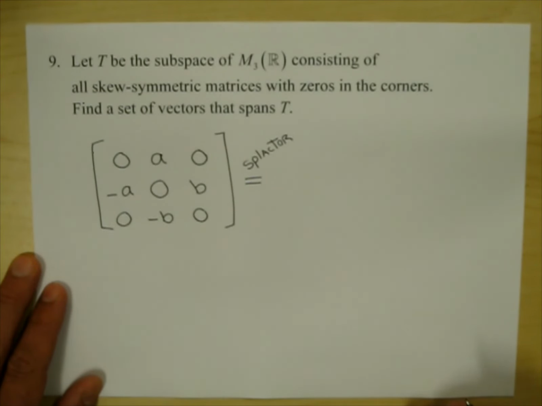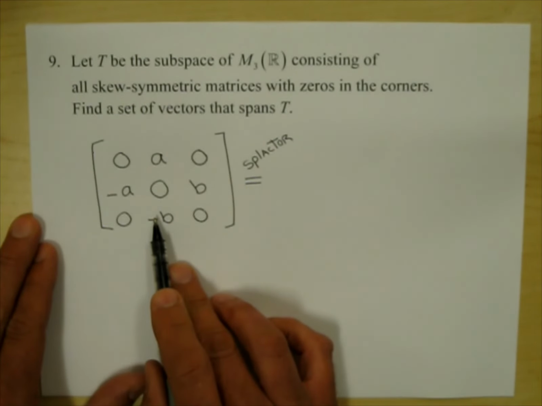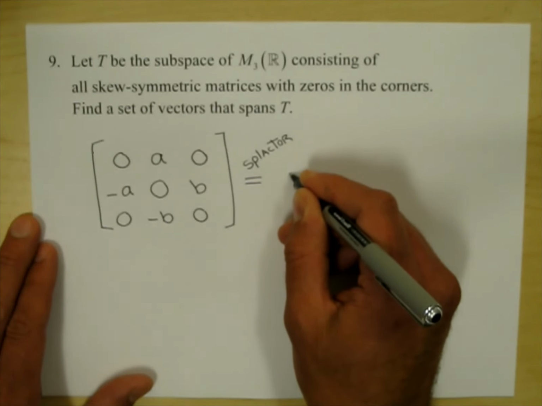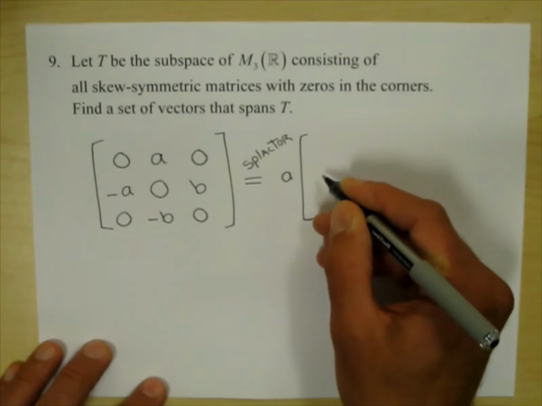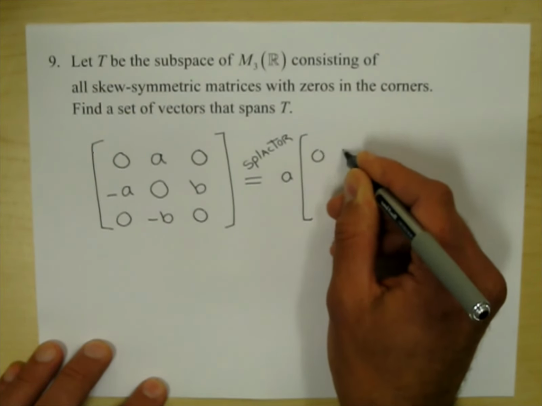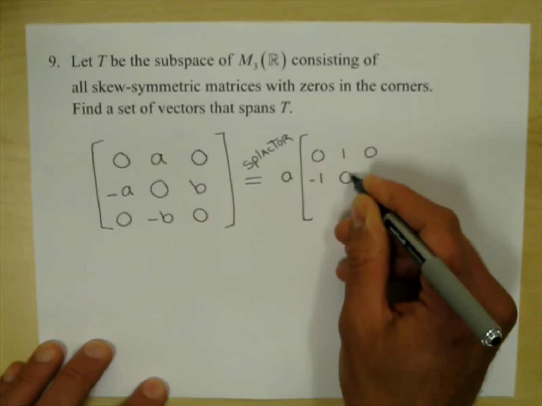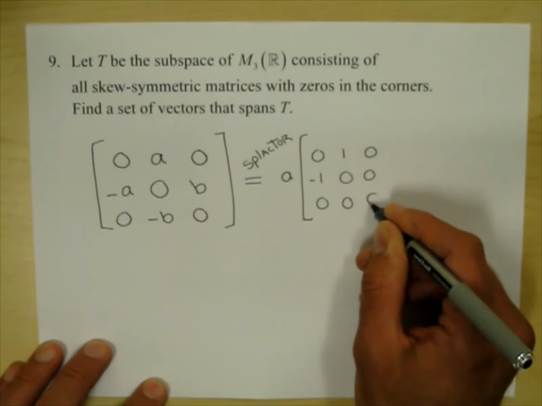That was bad. Okay, so how do I splactor this? I'm going to split and factor. So the first matrix is going to have an A outside, and I'm going to have 0, 1, 0, -1, and then the rest zeros, because the B's are going to be represented in the next matrix.